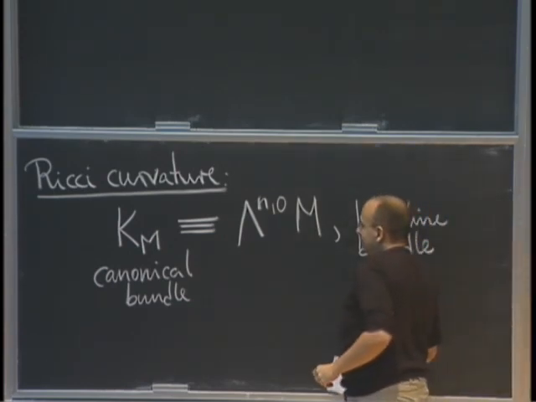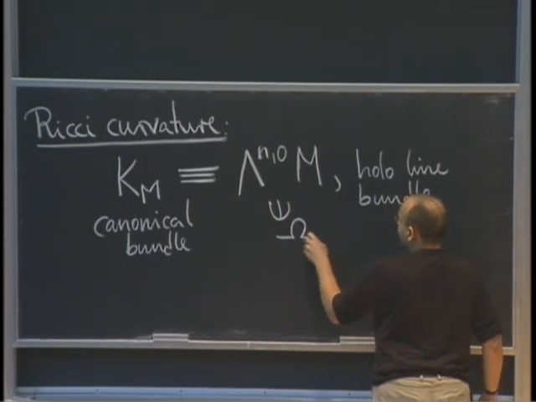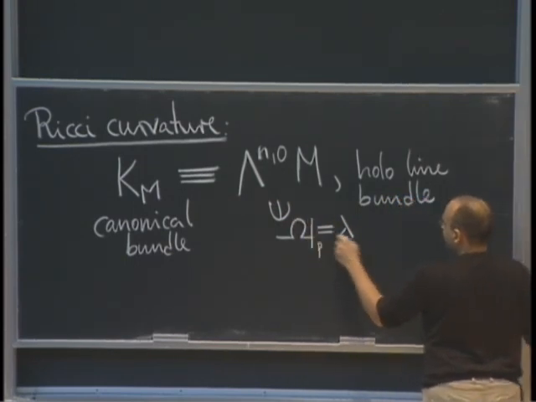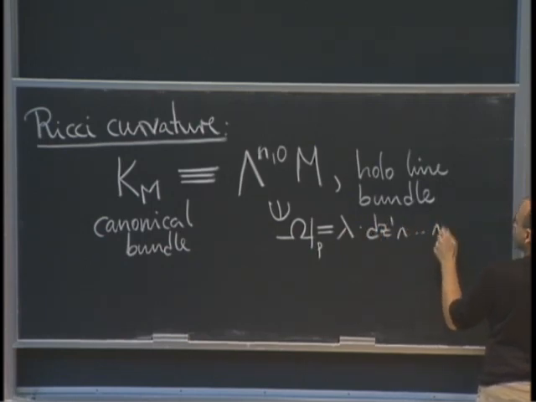And what I was saying is that an element of the fiber, capital omega, at some point is going to look like a scalar multiple of the standard coordinate form.